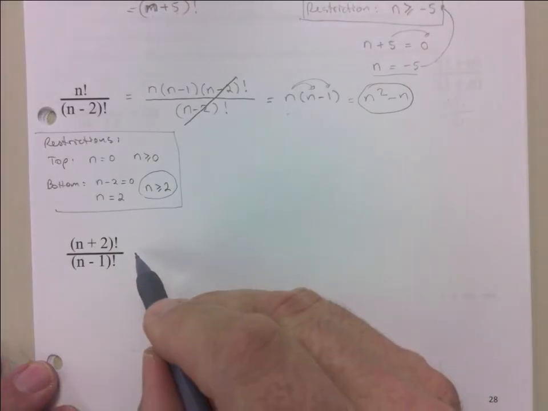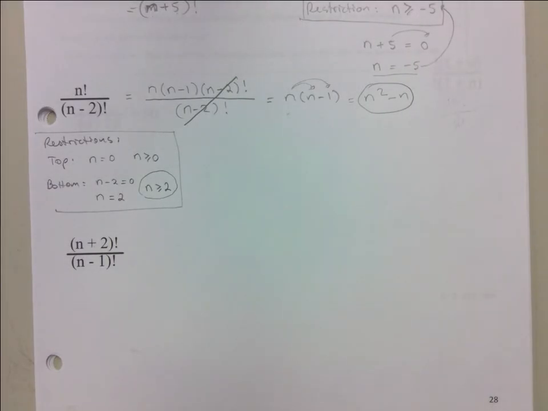Can you try the bottom one real quick? Restrictions first, then you solve.